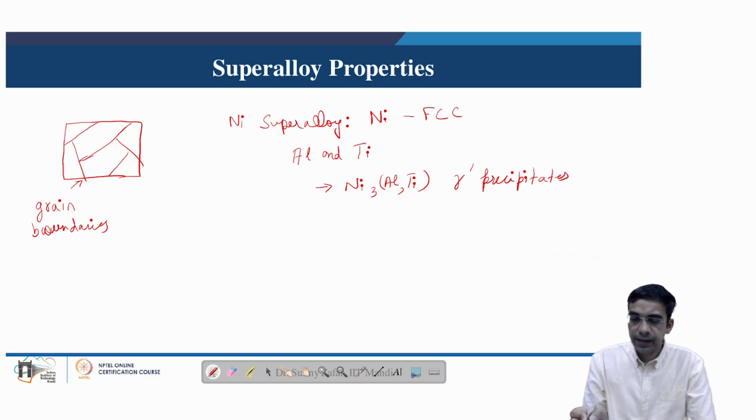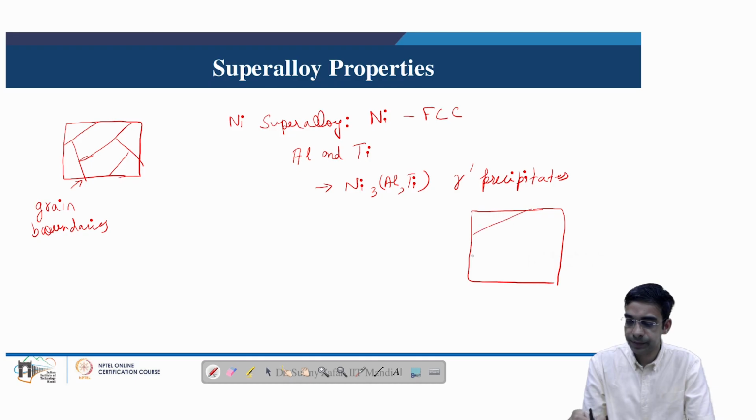Now these precipitates in the nickel based superalloy precipitate in a very special way. They precipitate on the grain boundaries of the various grains in many cases. So these precipitates may be present here.